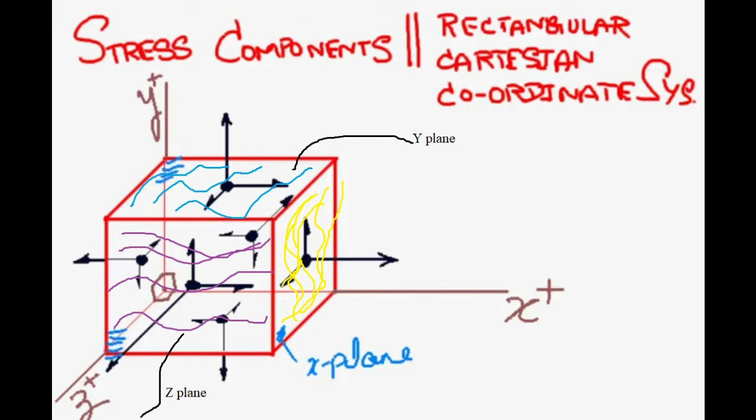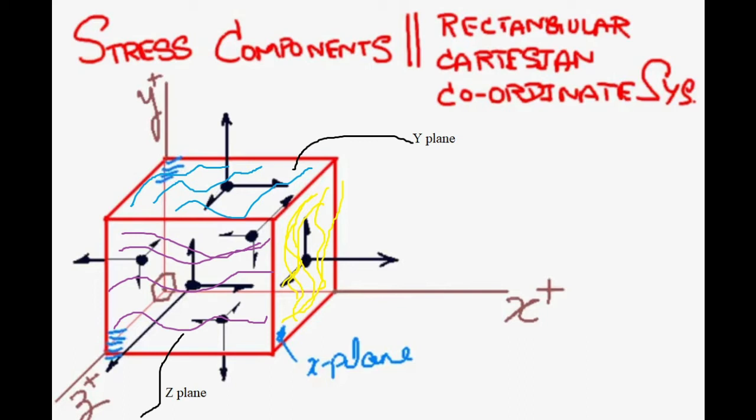In the figure, the plane with yellow lines is the x plane, the plane with blue lines is the y plane, and the plane with purple lines is the z plane. So remember which one is the x plane, which is the y plane, and which is the z plane.